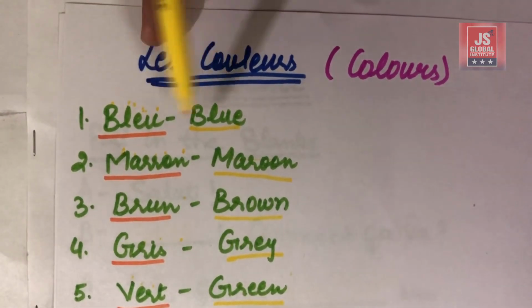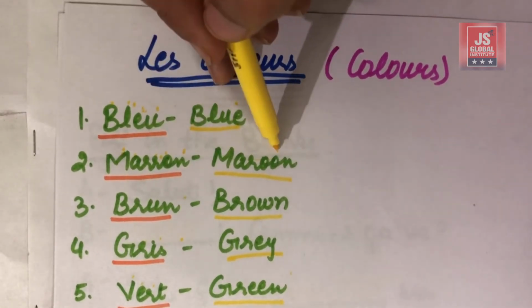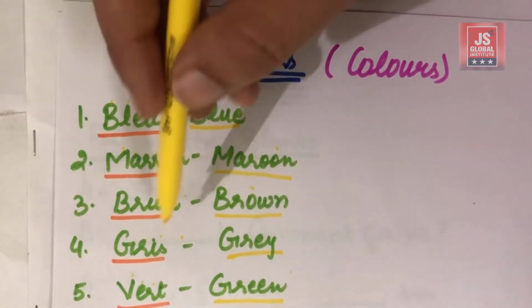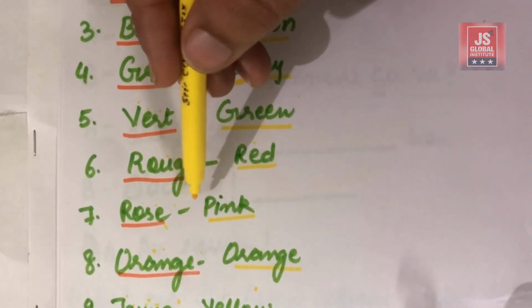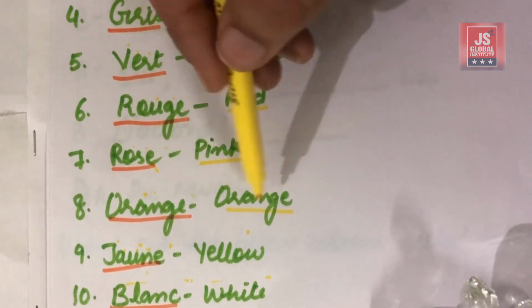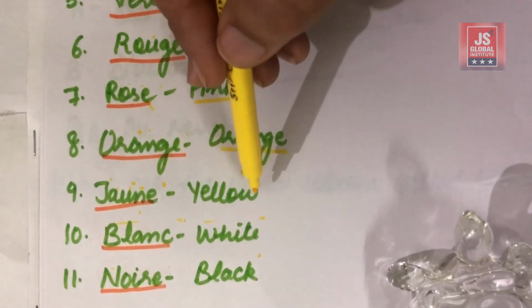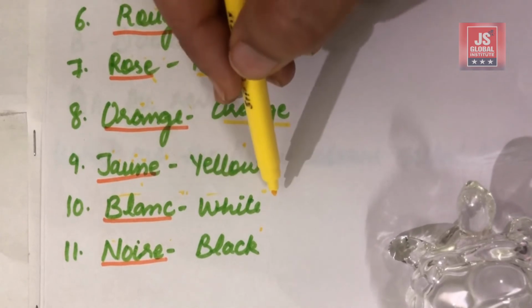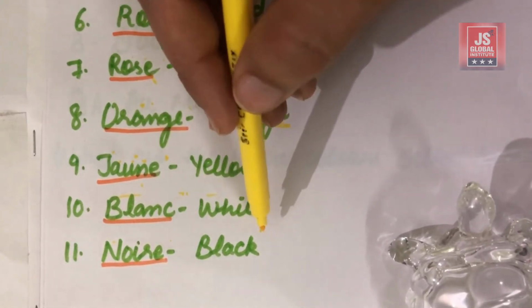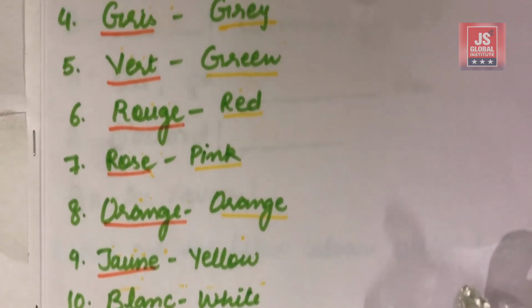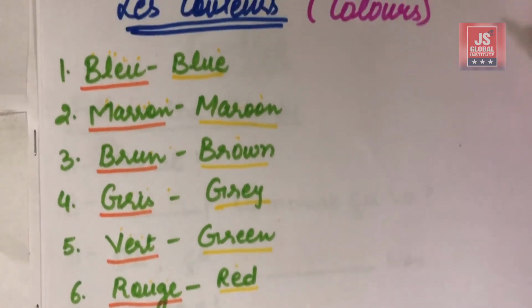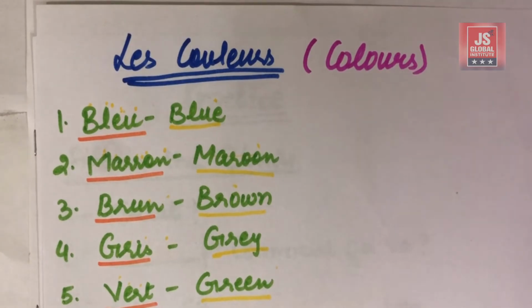What is bleu, blue, marron, maroon, brune, brown, gris, grey, vert, green, rouge, red, rose, pink, orange, orange, jaune, yellow, blanc, white, noir, black. Alright, so these are the colors, and now I am going to give you the exercise for these colors.